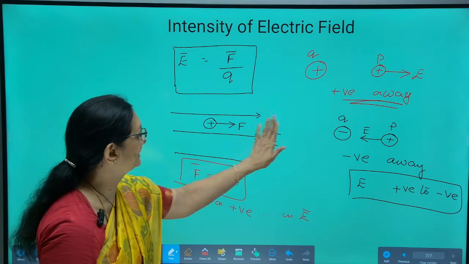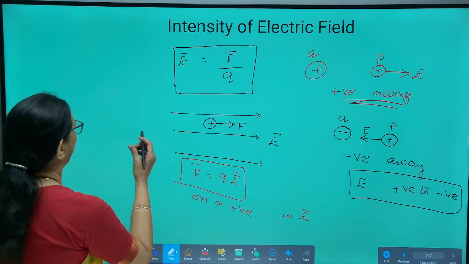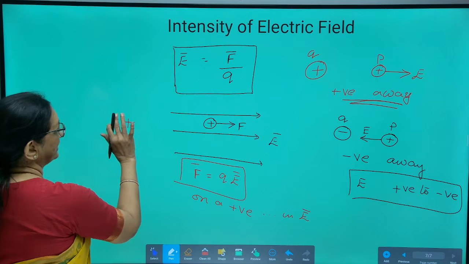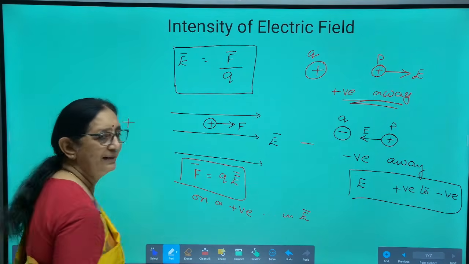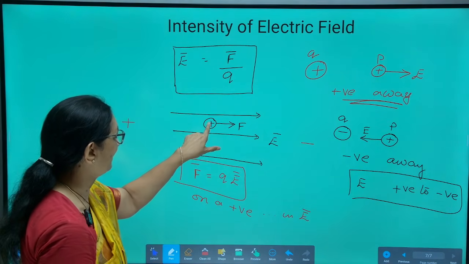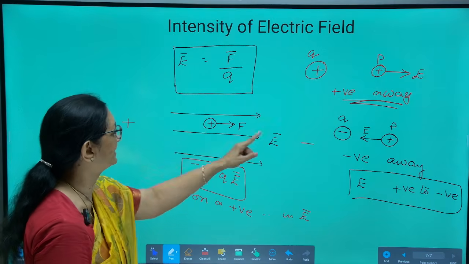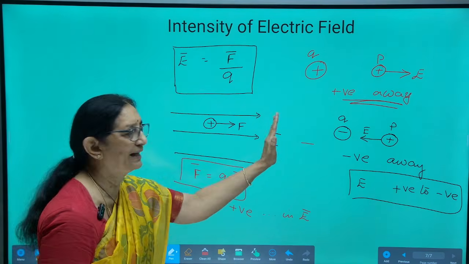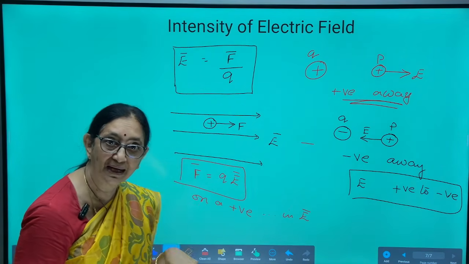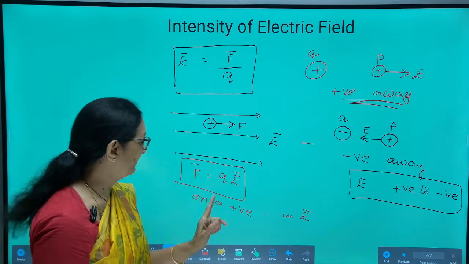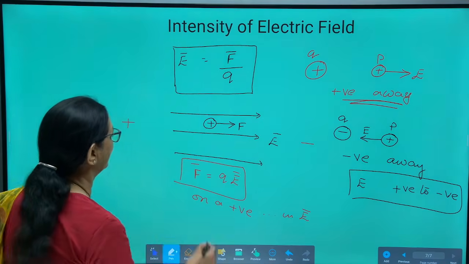Suppose I write this is the direction of the electric field, this side is positive and this side will be negative. If we place a positive charge in the electric field, this positive charge repels and this negative charge attracts. So, the direction of force on a positive charge in the field is in the field direction.